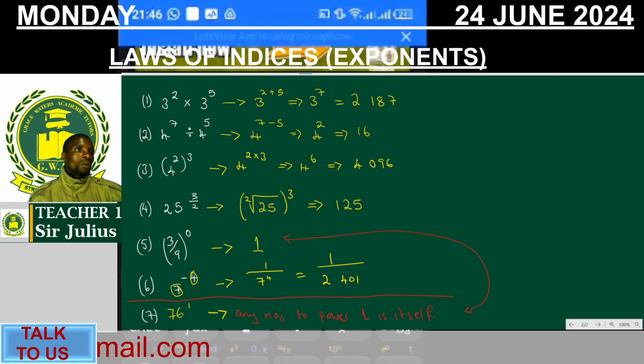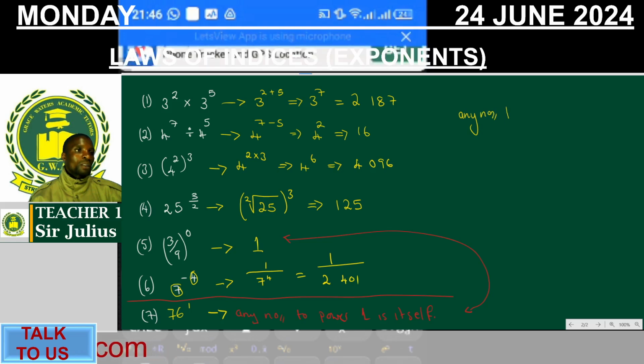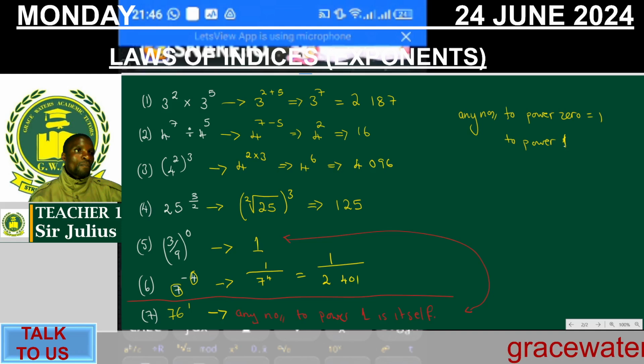Put it in mind always that any number to power 0 becomes 1, but any number to power 1 is itself. That's what you need to know.